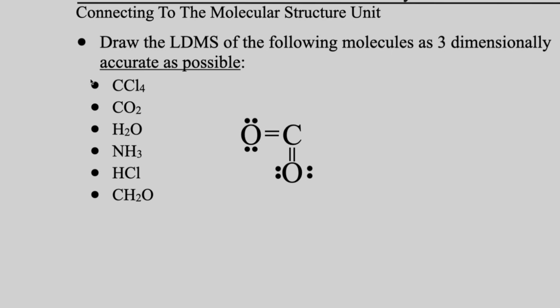Guys, there are two domains on the carbon. So what's the domain geometry? Linear. Now, guys, there's no dots on the carbon. So what's the molecular geometry? Also linear. And the angle is 180. Guys, it looks like this.